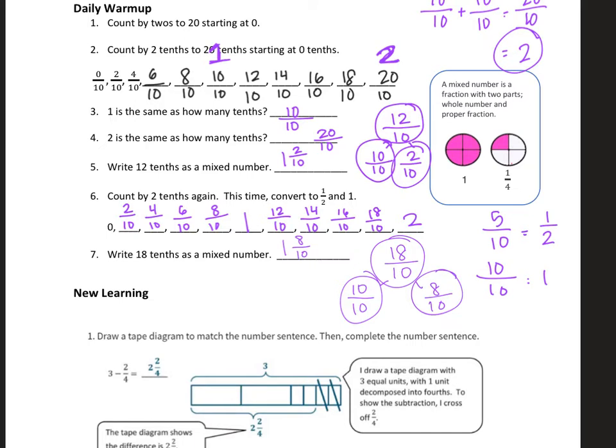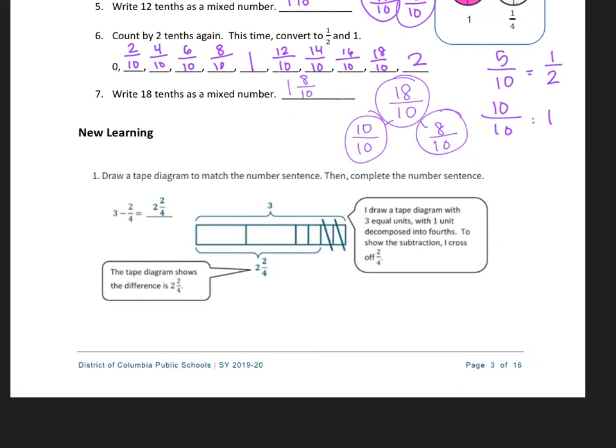All right, now, down here, our new learning, our first strategy that we're going to learn is using a tape diagram to match the number sentence, okay? So then we're going to complete the number sentence. So here I know that they started with 3 units because the first whole number that they have here is 3 wholes.